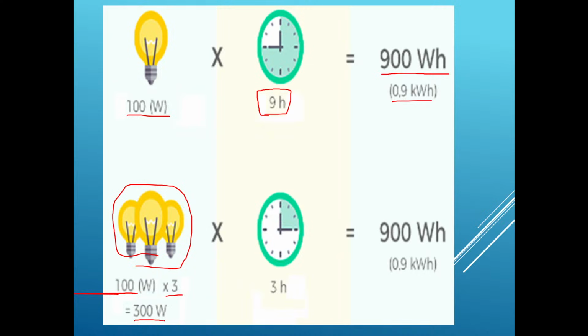These 3 lamps are turned on and kept on for 3 hours. So the energy consumption is 900 watt hour. If you convert that, divide 900 by 1000, you will get 0.9 kilowatt hour.